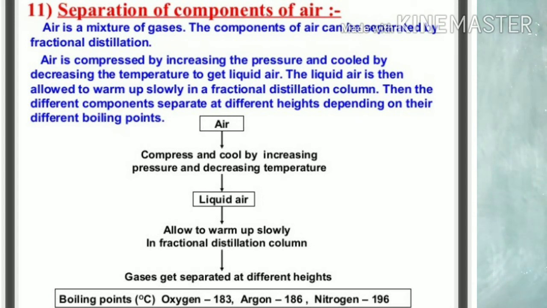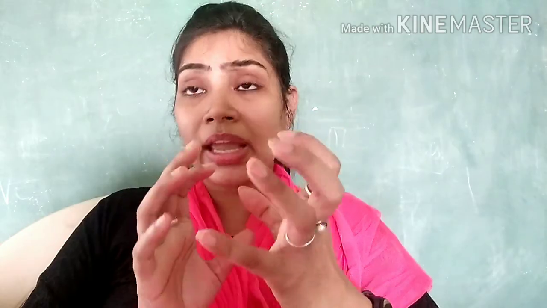Now the liquid air is warmed up slowly in the fractional distillation column. Then the different components will separate at different heights based upon their boiling points, through which I can separate the components of air.